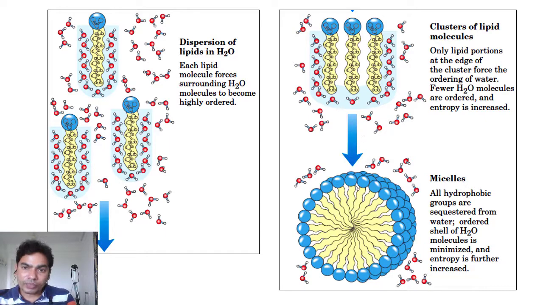Then finally, if they interact with each other, they form this kind of circle structure. So finally they make this kind of micelle. All hydrophobic groups are sequestered from water, the ordered shell of H2O molecules is minimized and entropy is further increased, right? So this is the formation of the micelle, why it forms, in which condition it forms.